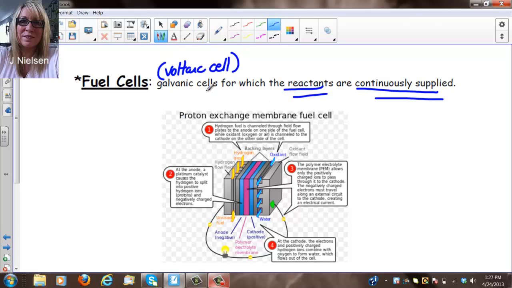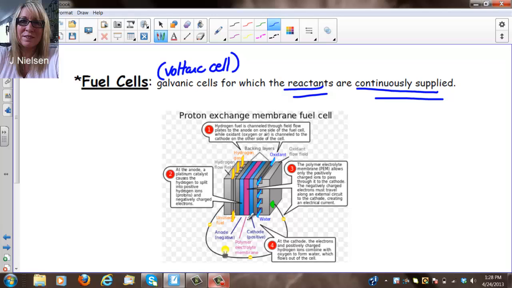So you don't have to write this down, but in this fuel cell, it says hydrogen fuel is channeled through flow field plates to the anode on one side of the fuel cell, while oxidant, meaning oxygen or air, is channeled to the cathode on the other side of the cell.